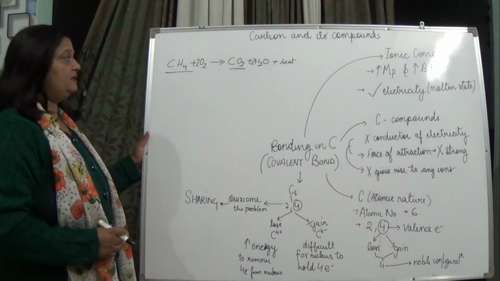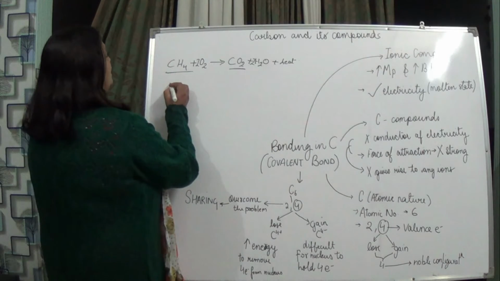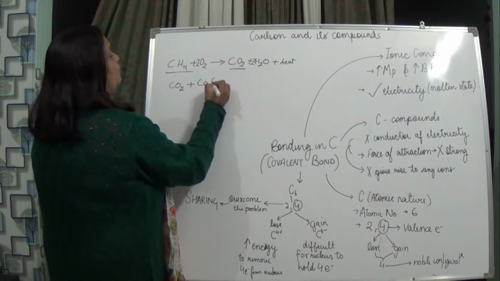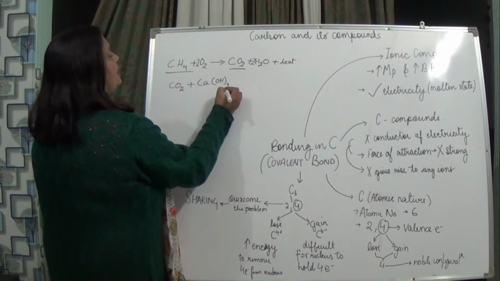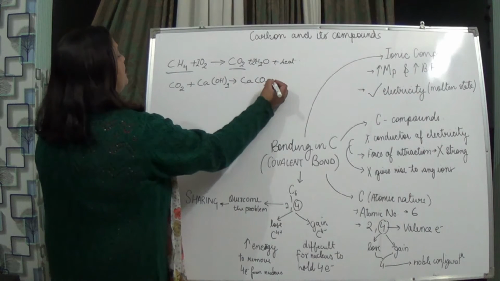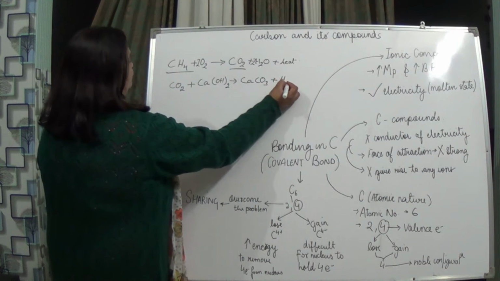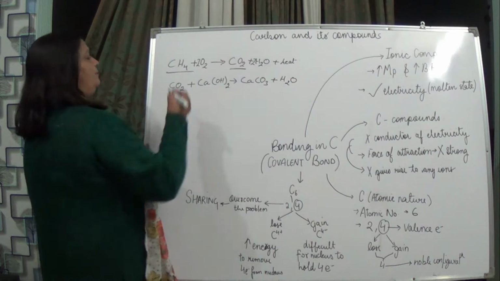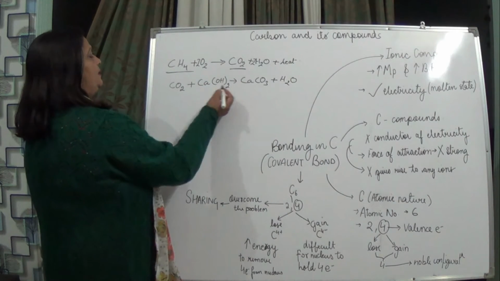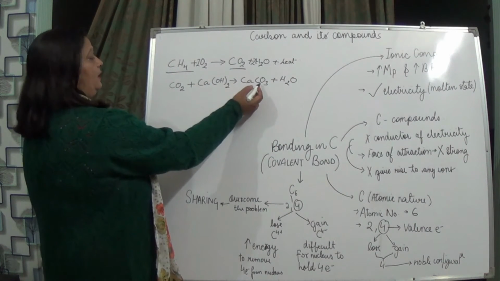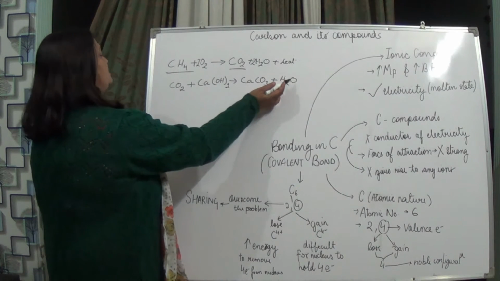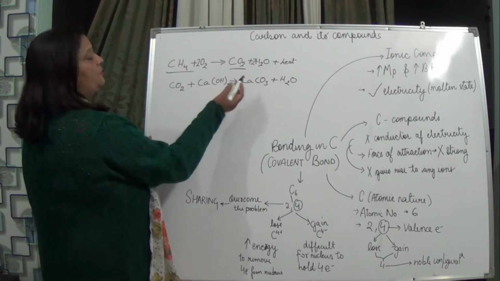And when this carbon dioxide, CO2, is passed through lime water, Ca(OH)2, you get CaCO3 plus H2O. You can balance it if you want. Calcium is 1 on both sides, carbon is 1, but oxygen is 3 plus 1, which is 4 on the left, and here oxygen is also 4, so it is balanced.